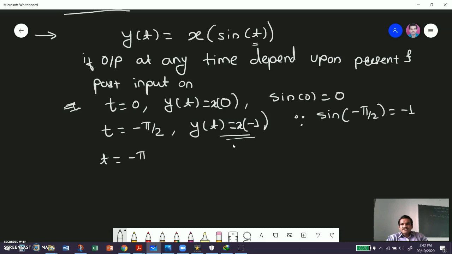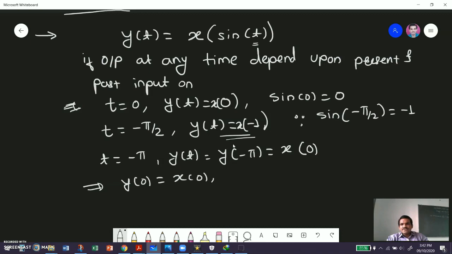When t is equal to minus pi, we get y of minus pi equal to x of sine of minus pi, which is x of 0. So I will rewrite it: y of 0 is equal to x of 0. Y of minus pi by 2 is equal to x of minus 1. Y of minus pi is equal to x of 0.